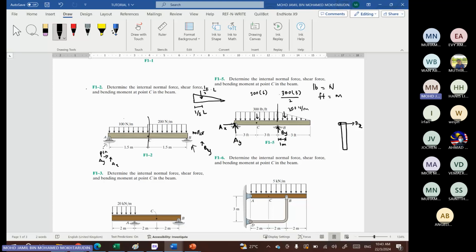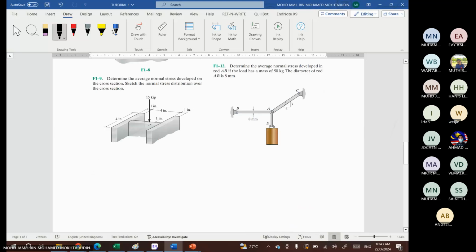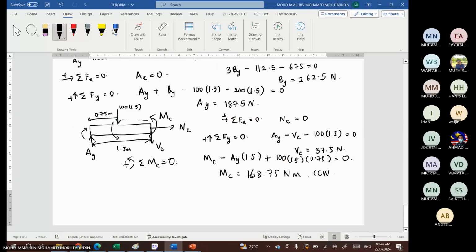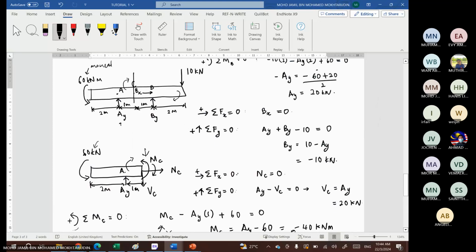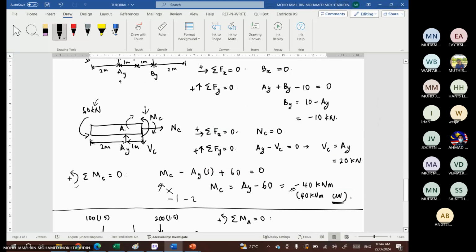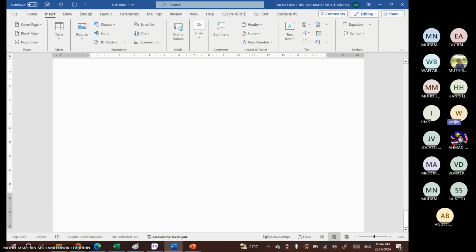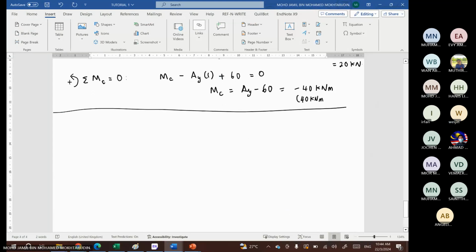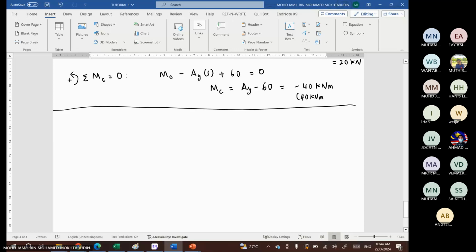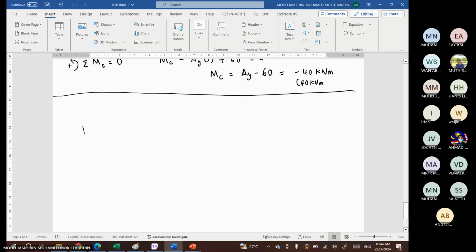Okay, so we have all of the forces, then we can now draw the free body diagram. So we have AY and AX.